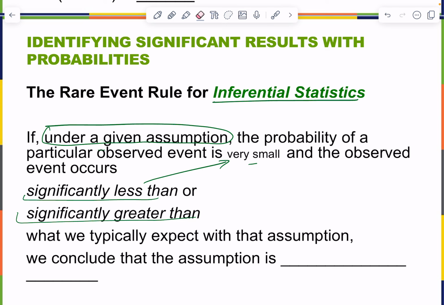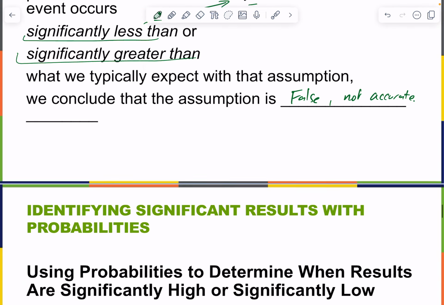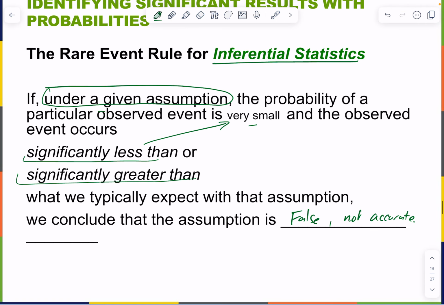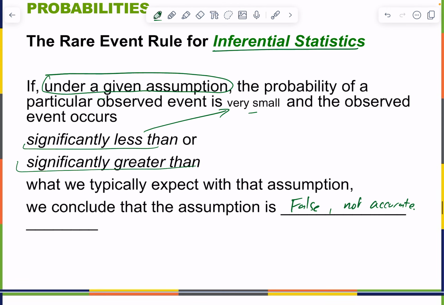That refers to this small probability. We'll talk more about that. So we conclude that the assumption is false, or perhaps a better way to say it would be not accurate. So if it's significantly less than or significantly greater than what we would typically expect with that assumption, then the assumption is most likely going to be false.